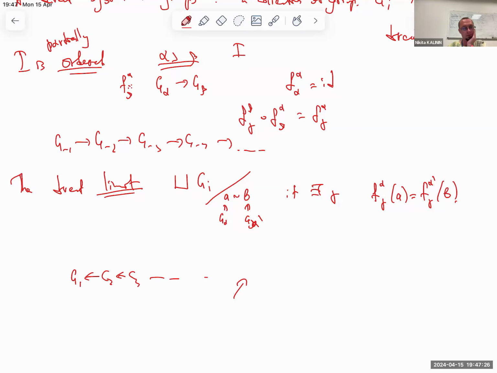But what is your definition of direct limit? I said that in the direct system, if alpha is less or equal than beta, we have an arrow from G alpha to G beta. And then we define, like you defined above, the elements are equal if they are equal from some number.